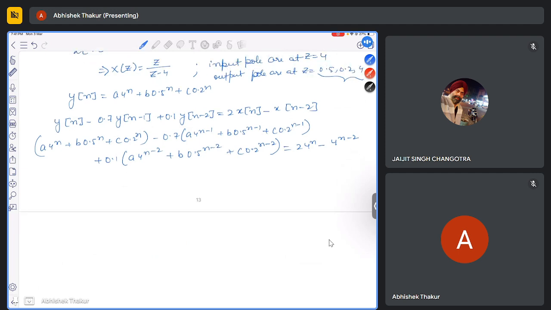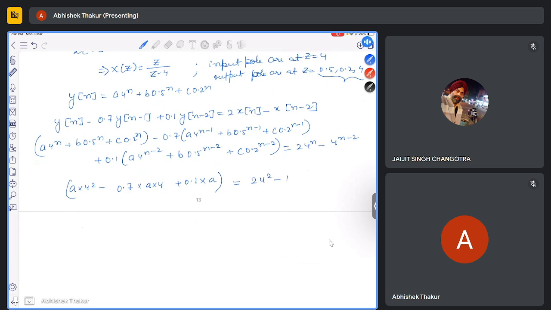You will get a into 4 square minus 0.7 into a into 4, like when you are substituting for n is equal to 2, and plus 0.1 into a. This value will be equal to 2 into 4 square minus 4 to the power 0, that is 1.